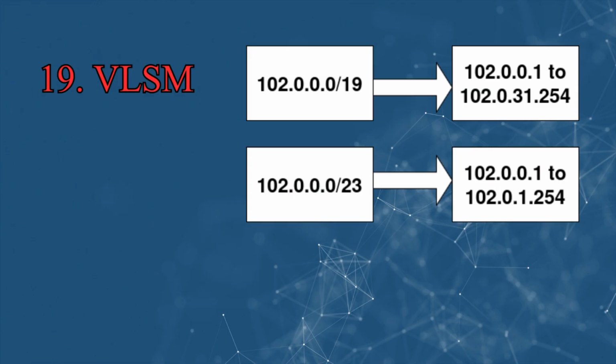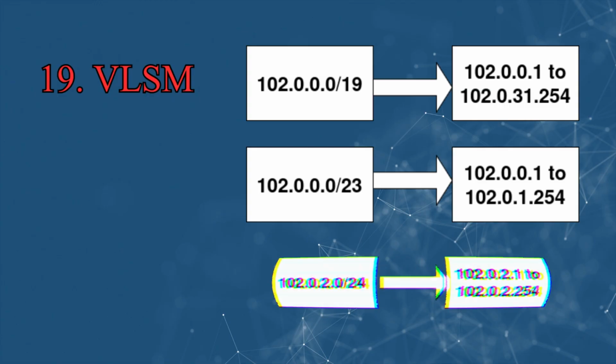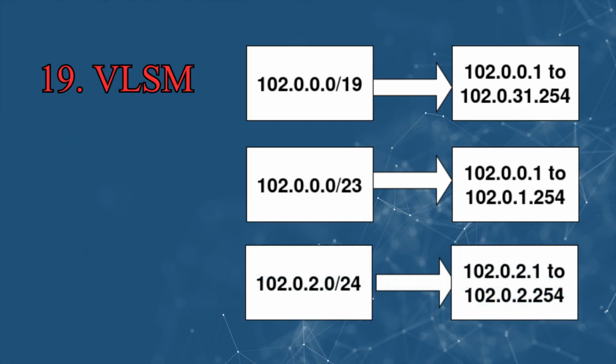In our network, it would be 102.0.0.0/23, which means the usable IP addresses are in the range 102.0.0.1 to 102.0.1.254. And then if we need to use another network, let's say /24, we can do that, and we just start from where we ended.